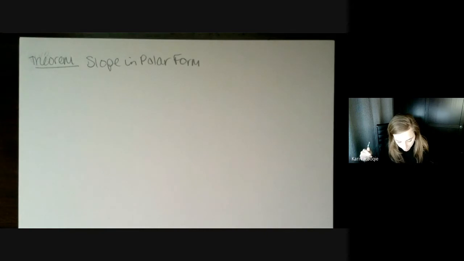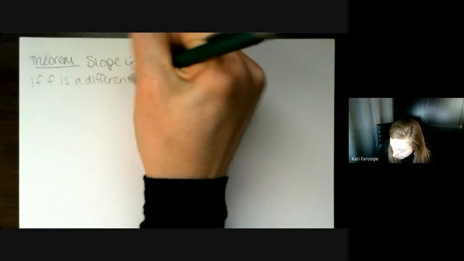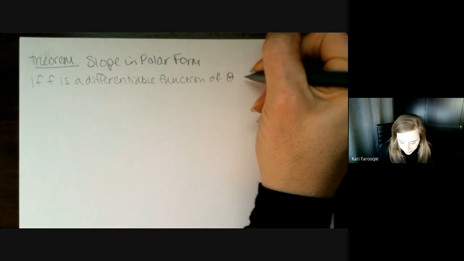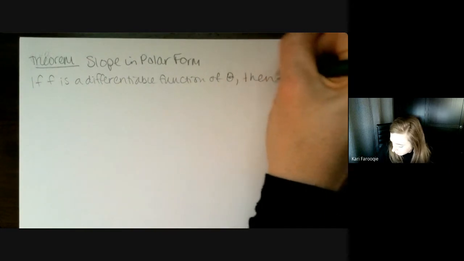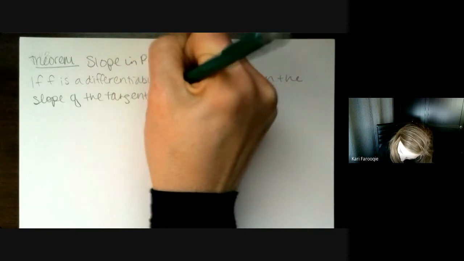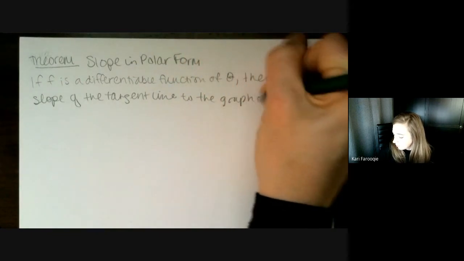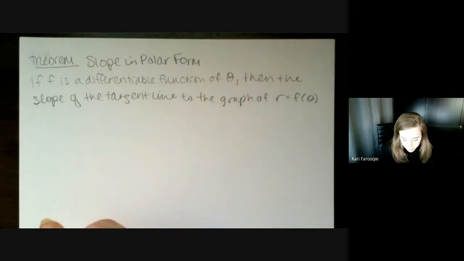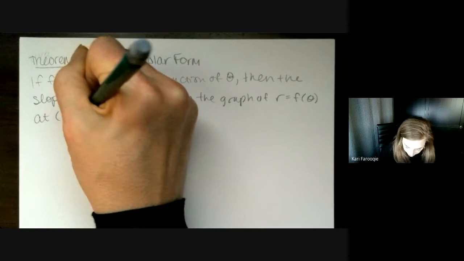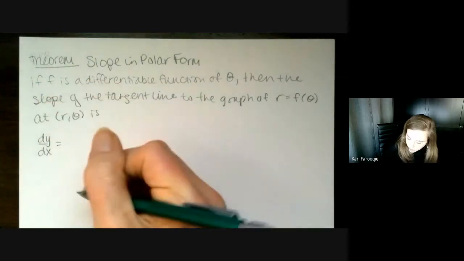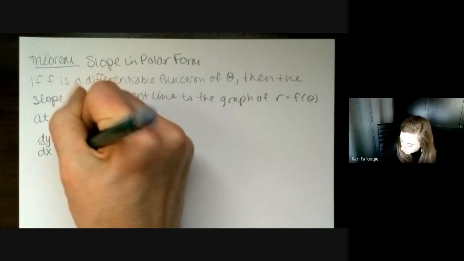So to find the slope in polar form, if f is a differentiable function of theta, then the slope of the tangent line to the graph of r equals f of theta at the point r theta is dy dx equals dy d theta over dx d theta.